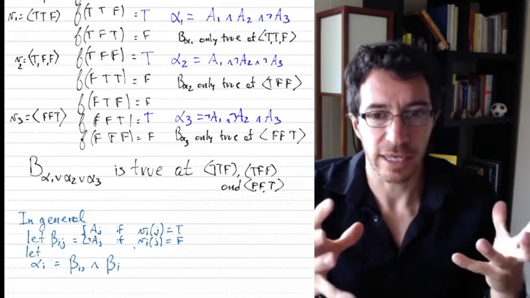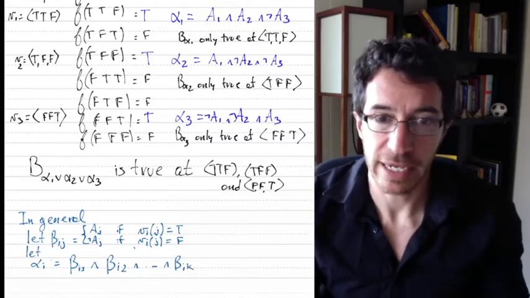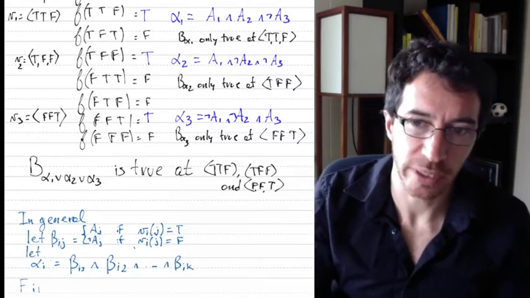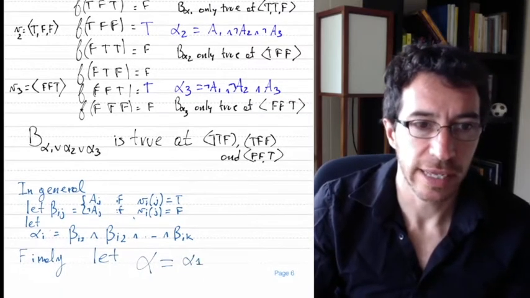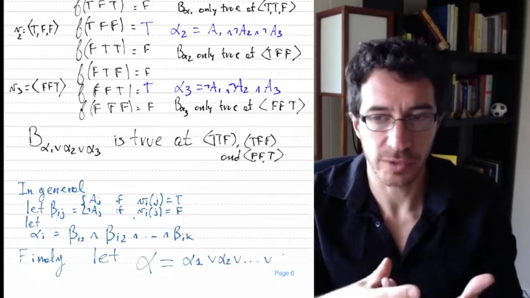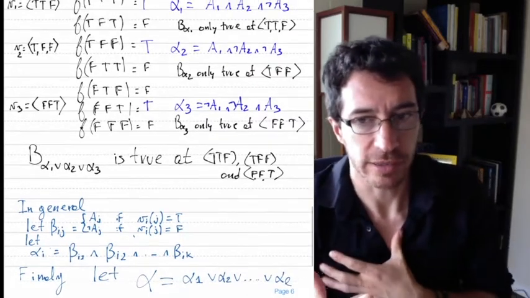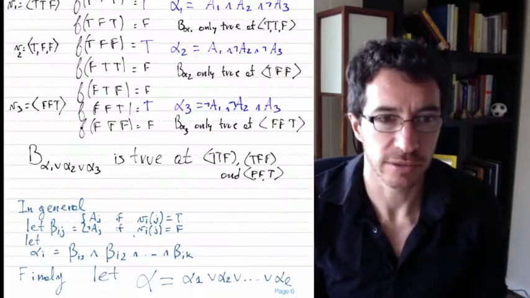We let alpha i be the conjunction of the betas, beta i1, beta i2, up to beta ik. And finally, we let alpha be the disjunction of alpha 1, alpha 2, all the way up to alpha L. So we have a disjunction of conjunctions at the end.